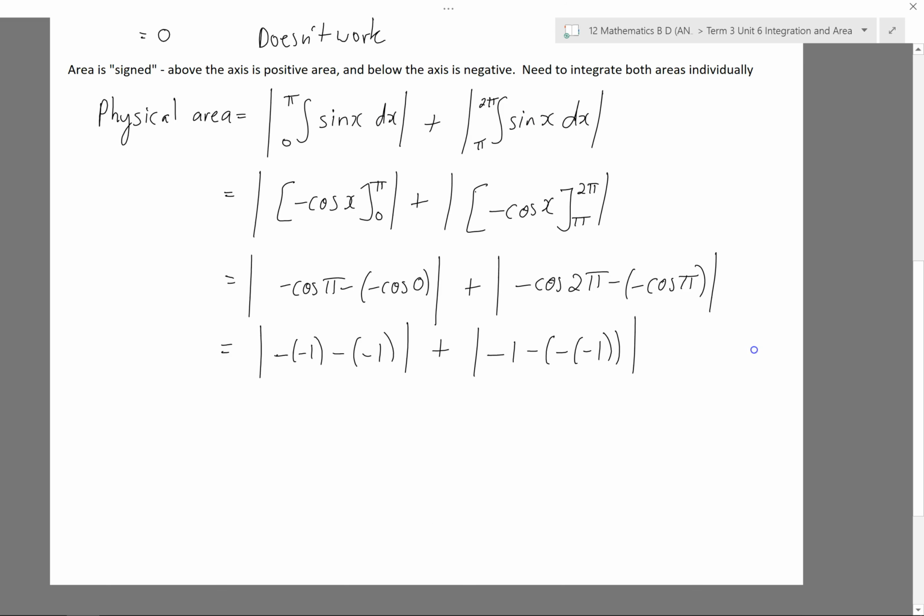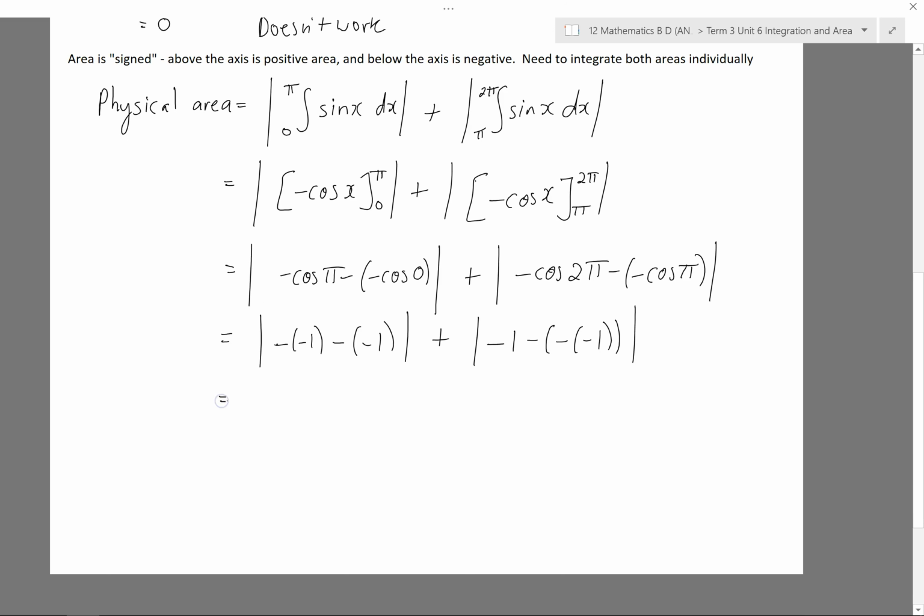Probably should have just used the calculator for this one, but I'll get there. So I've got absolute value of 1 plus 1 plus the absolute value of minus 1. I've got 3 minuses there, so that'll also be a minus 1. Absolute value of 2 plus absolute value of minus 2.